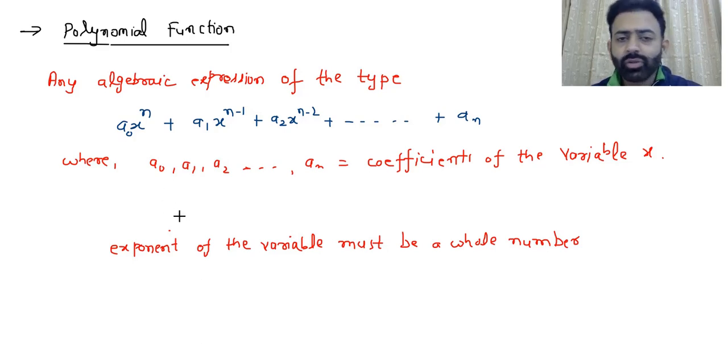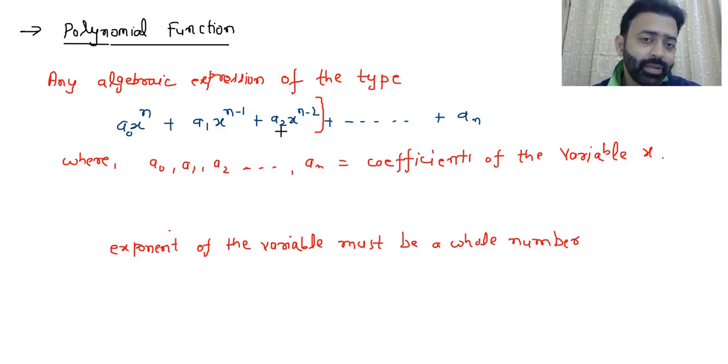So if this is your expression and you are including 3 or 4 terms, say you are including the expression till a2 x raised to power n minus 2, then n has to be greater than 1. It can be 2, because then you will get a0 x square plus a1 x raised to power 1 plus a2 x raised to power 0, and this is allowed.